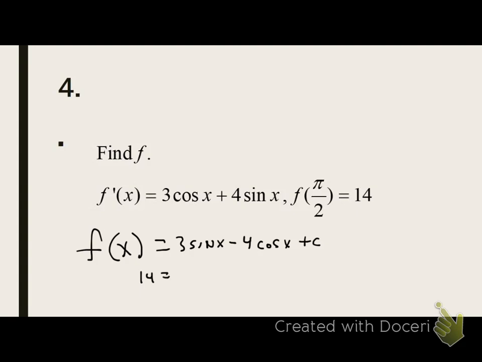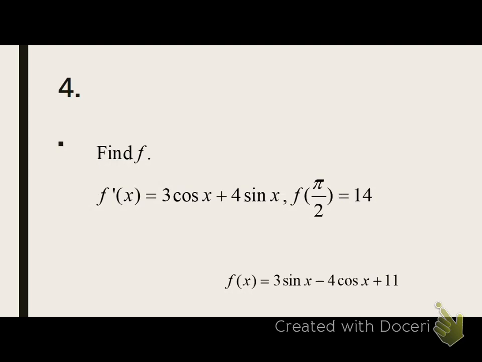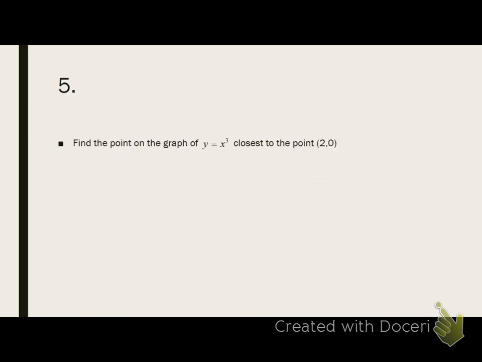So 14 equals 3 times the sine of pi over 2, which is 1, minus 4 times the cosine of pi over 2, which is 0. So I have 3 plus c. So c is 11, and there's my answer. Get your signs, the positives or negatives, proper for cosine and sine.